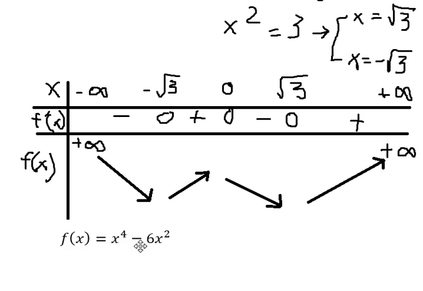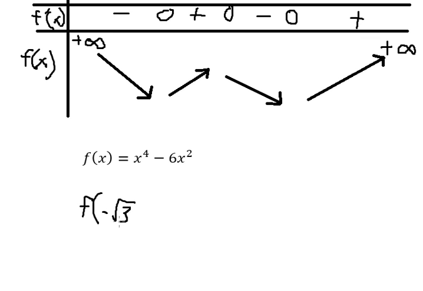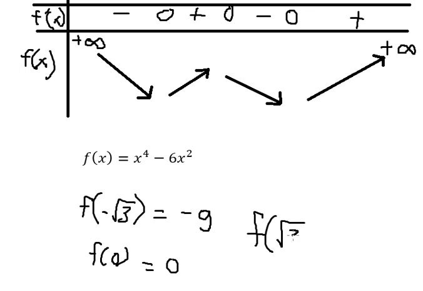So we have f of negative the square root of number 3, we have negative number 9. f of 0 is 0. f of the square root of number 3, we have negative number 9. So we have negative number 9, number 0, and negative number 9 in here.